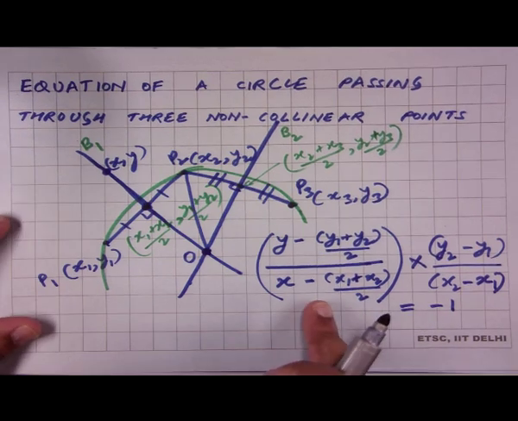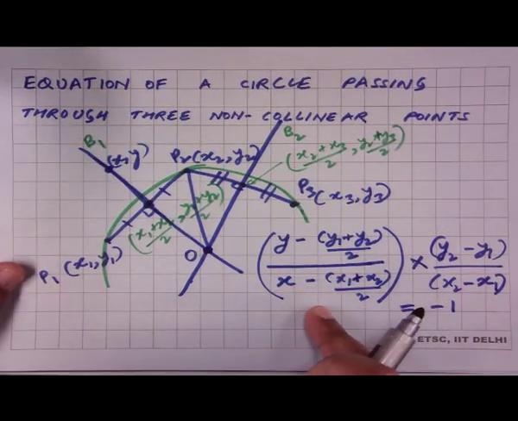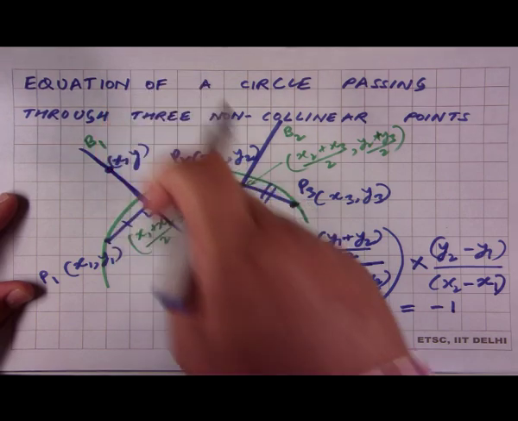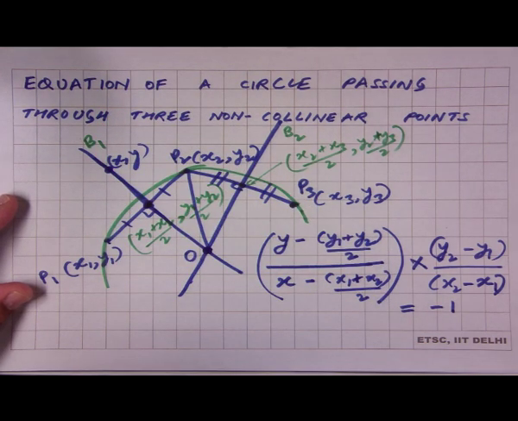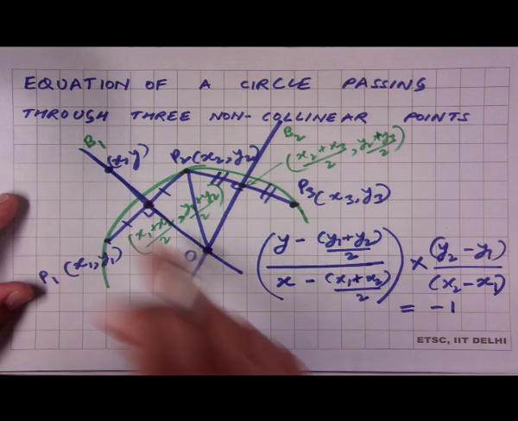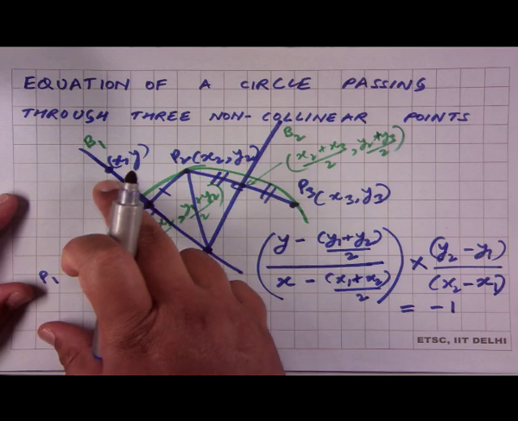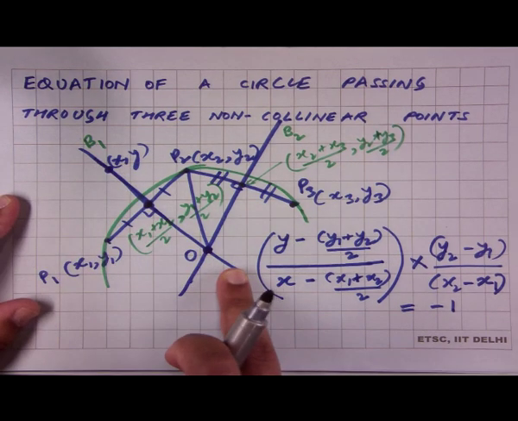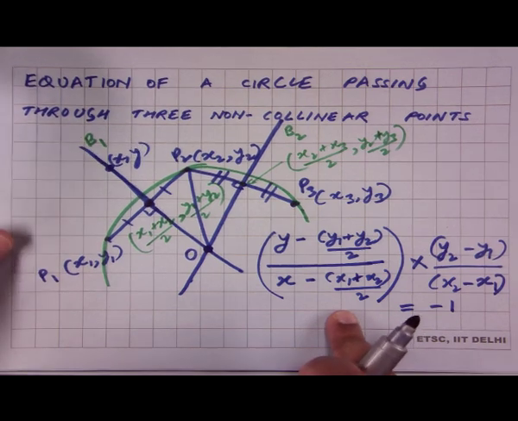So, if we rewrite this nicely, we will basically get the equation of this perpendicular bisector, because the x and y coordinates of any point on this perpendicular bisector have to satisfy this equation.